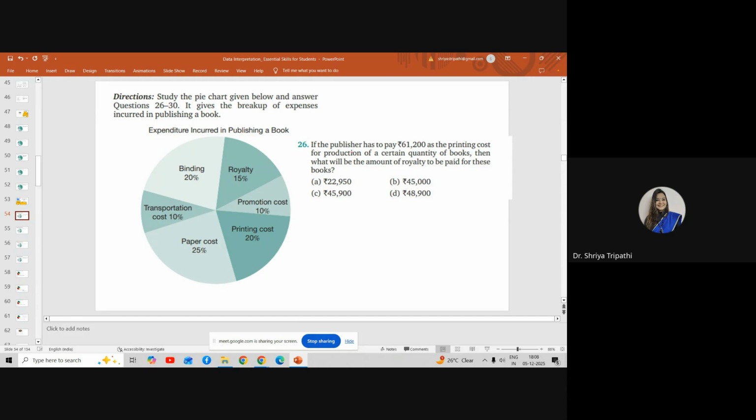I repeat, the publisher has to pay 61,200 as the printing cost for the production of a certain quantity of books. Then what will be the amount of royalty to be paid for these books?